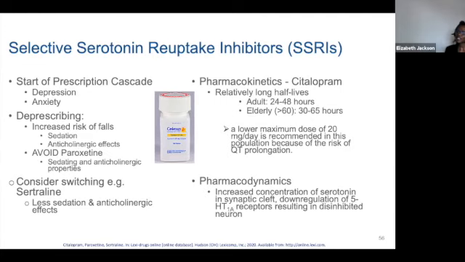One of the reasons would be increased risk of falls, sedation, increased anticholinergic effects, and of note, paroxetine has strong sedating and anticholinergic properties compared to citalopram and some other drugs in this class. So that is one that has to be closely monitored. And if someone is on paroxetine, you might want to consider switching to a drug that has less sedation and anticholinergic properties. Next slide, please.